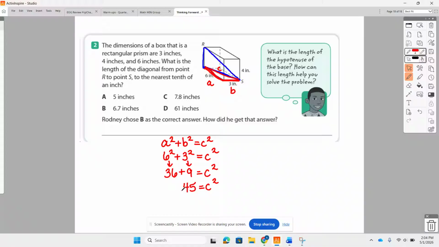Remember, the opposite of squaring is taking the square root. So the square root is about 6.7. And of course, you can use your calculator to help you. But let's fill in that 6.7 right here. So this c, or this missing side right here, is 6.7.